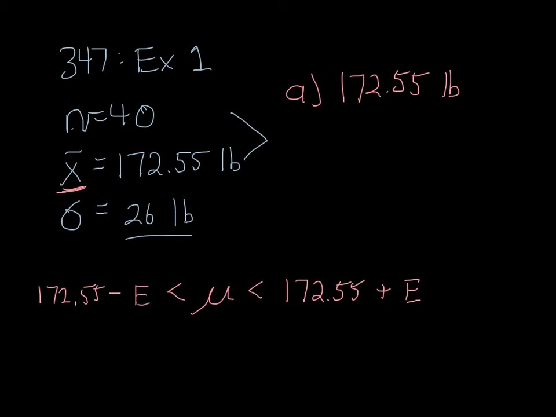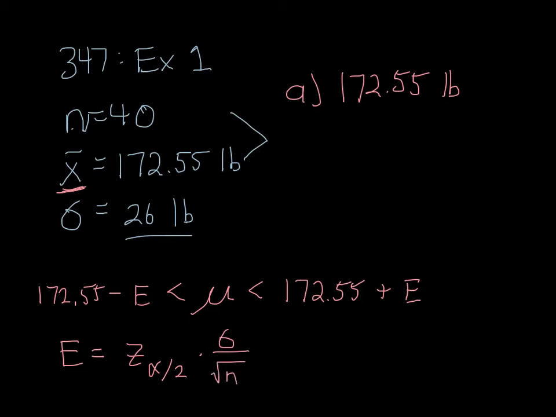What we want to do is find out what is the margin of error. And the formula for that, if you remember, was the critical value, or the z-score, associated with alpha divided by 2 times sigma over the square root of n.